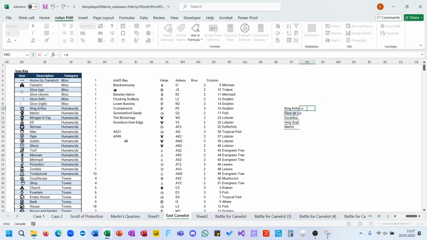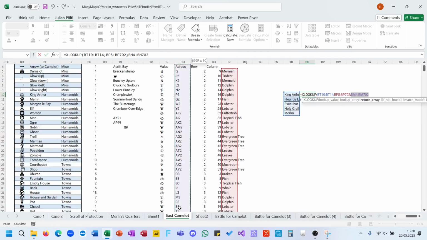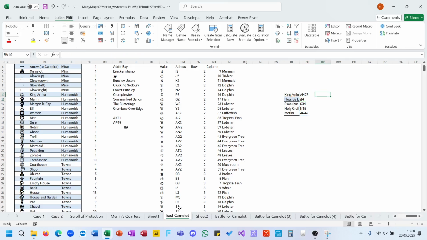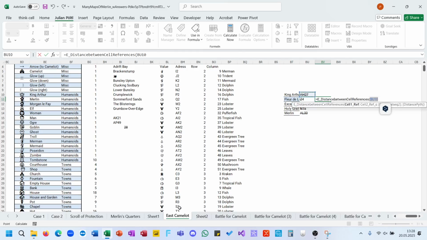Okay. And now XLOOKUP for those items in here, returning the position, and then distance between cell references.